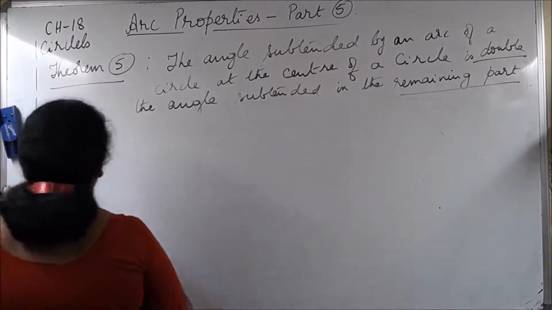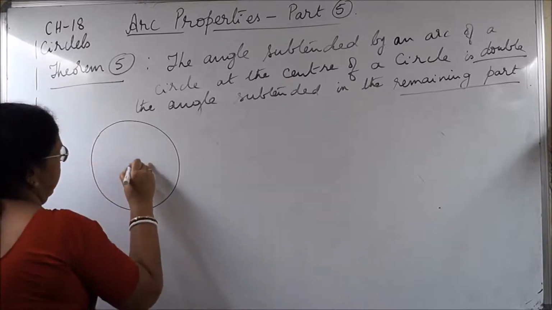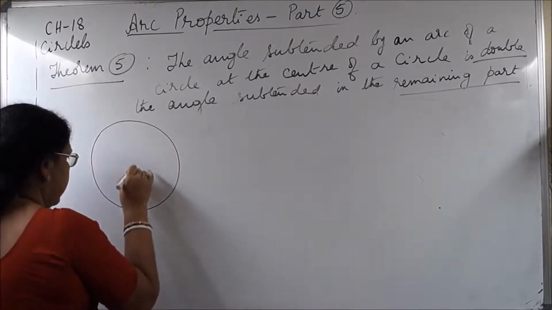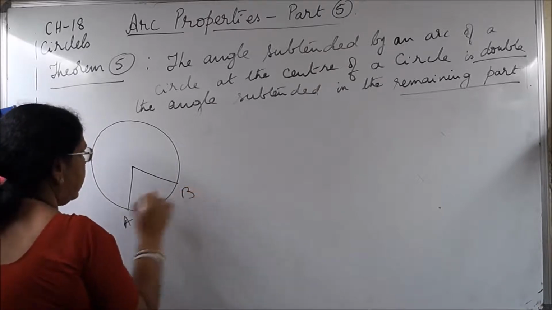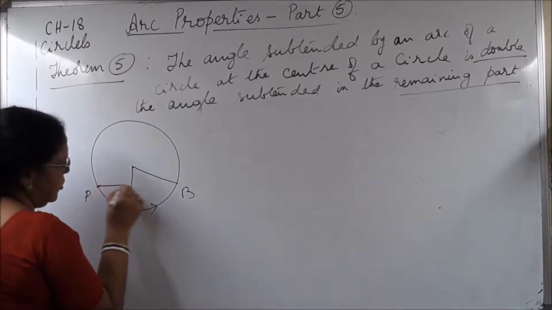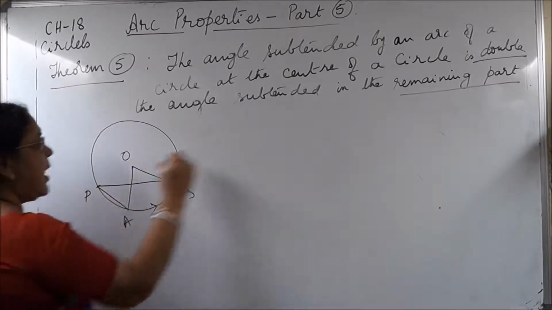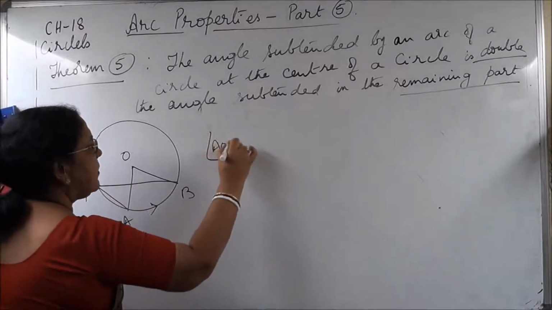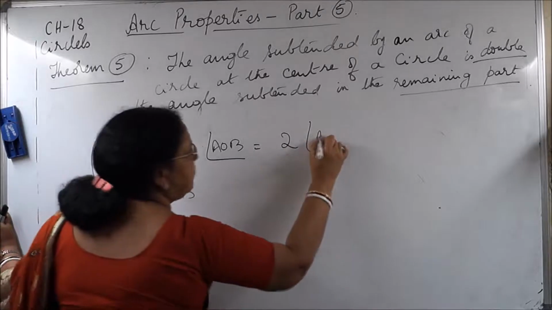For example, this is the center, this is the arc AB. If you take a point P here, according to this theorem, angle AOB will be equal to twice angle APB.